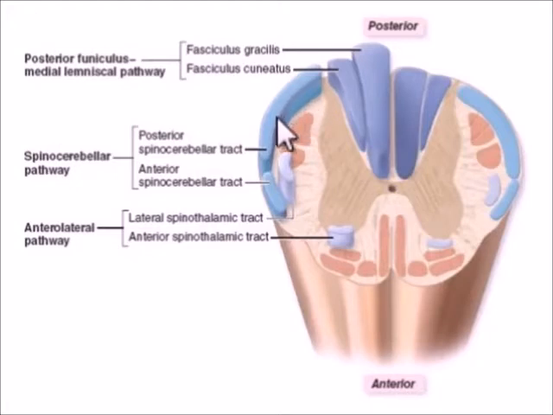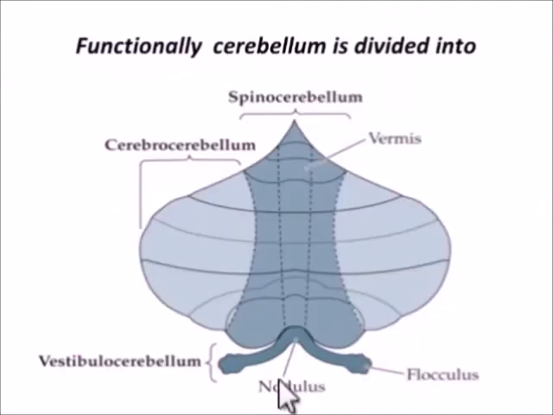So this tract makes connection with the spinocerebellum. The anterior and posterior spinocerebellar tracts enter into the spinocerebellum, which is made of the vermis and paravermis.